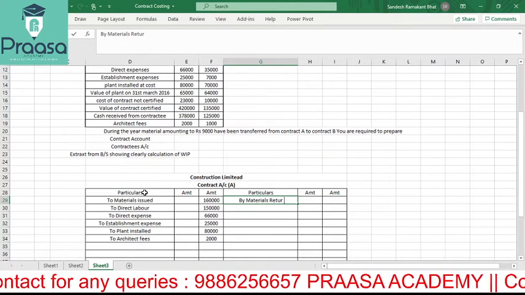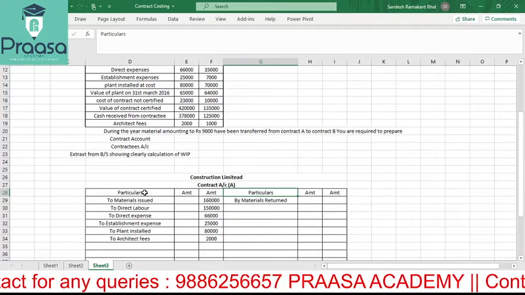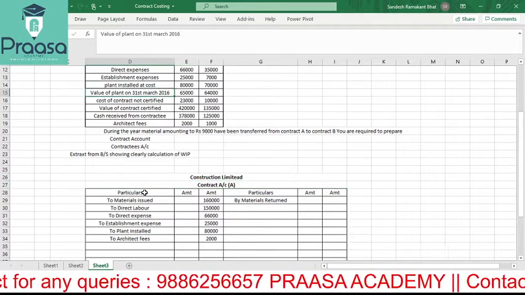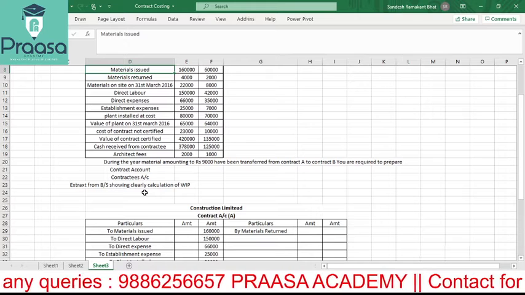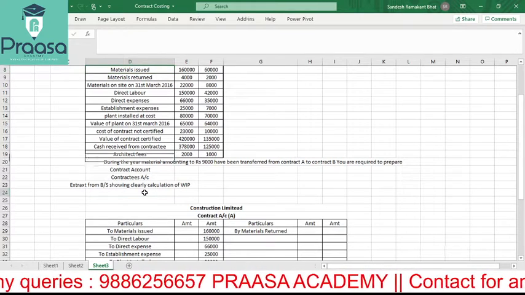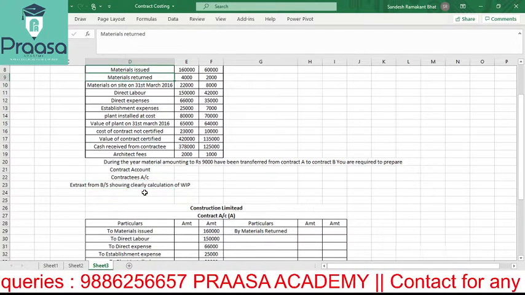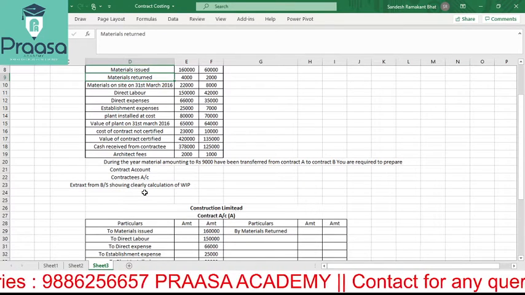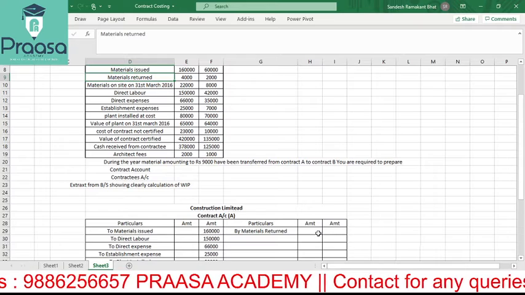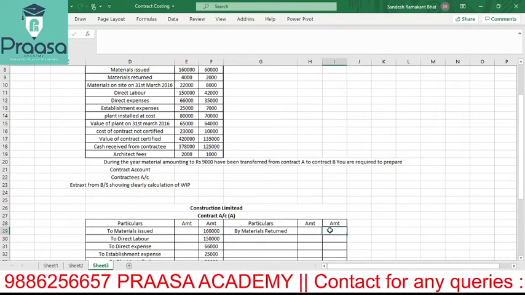We have some materials which we have sent back, maybe to the godown or to the actual seller. How much is it? It is 4,000.